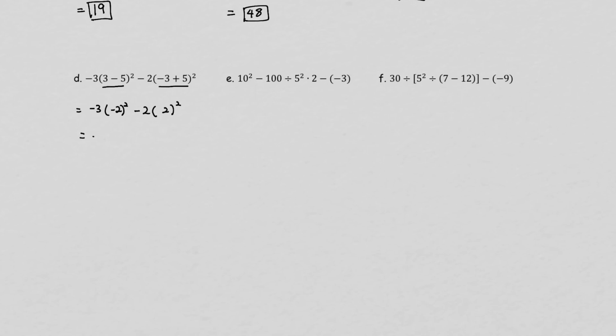When I square negative 2, I will get 4. And you do the multiplication next, right? Then I get negative 12 minus 8. Same sign, so when you add them up, it will give you negative 20.